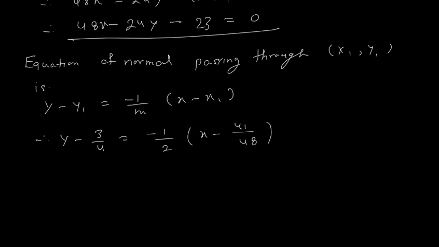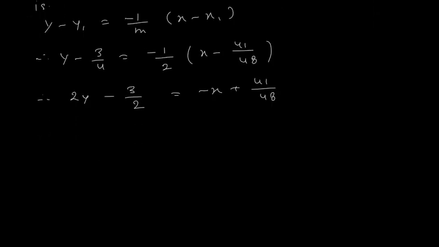So we have 2y minus 3 upon 2 equal to minus x plus 41 upon 48. The LCM of 2 and 48 is 48 only, so multiply each term by 48.